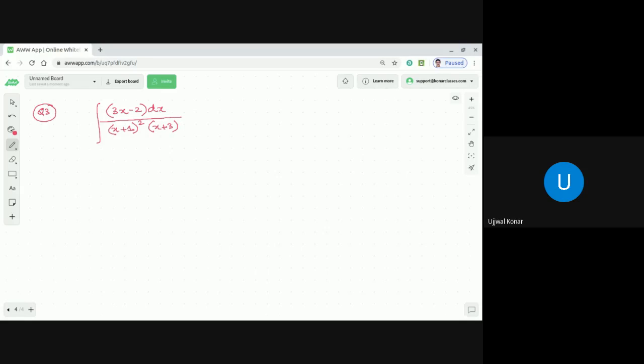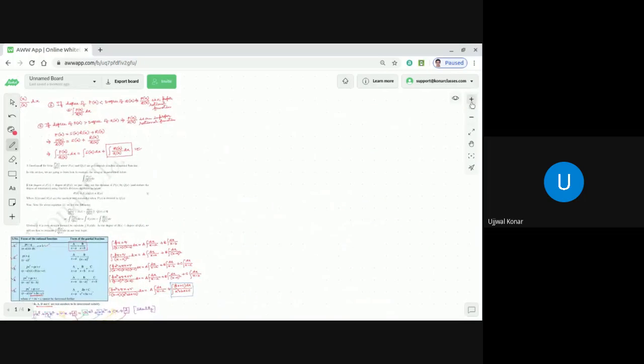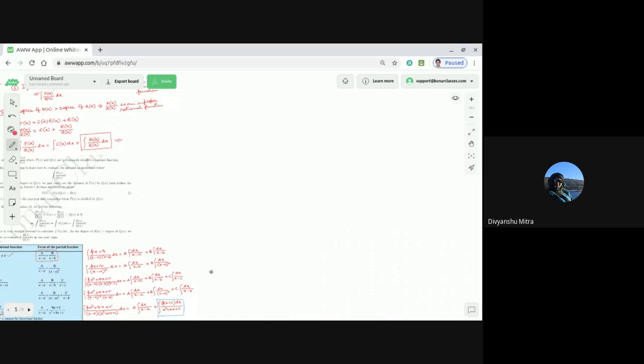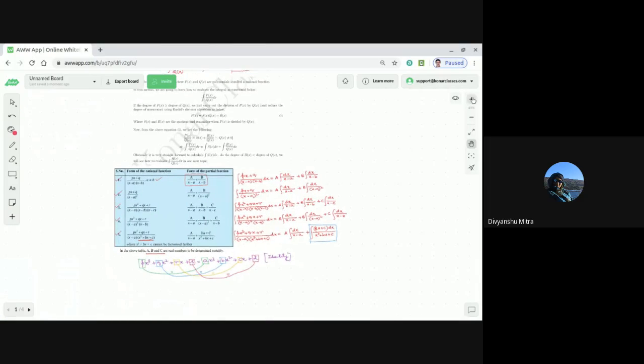Before that, I have a question to Devanshu. Could you please tell me which case it belongs to in the table? Not the table, the equation.